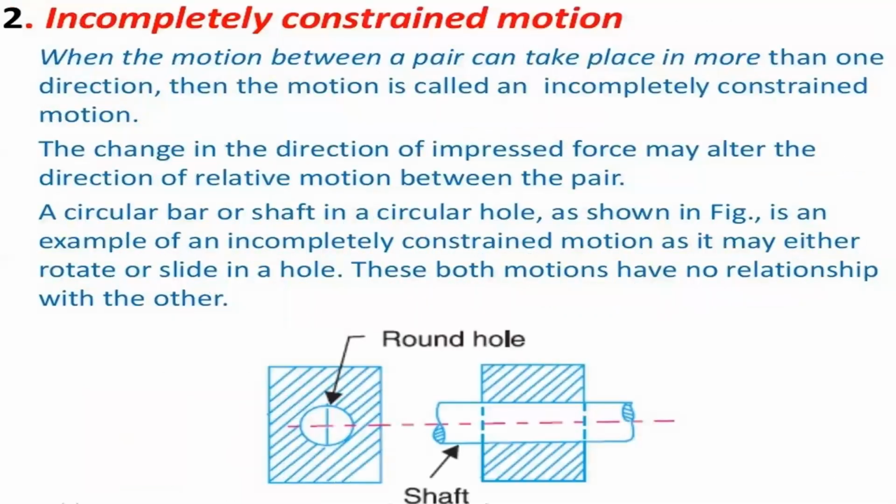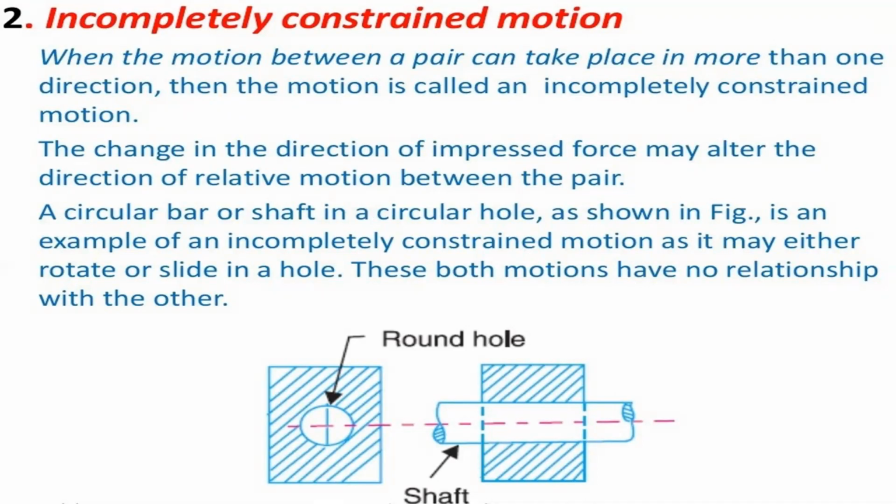Next one is the incompletely constrained motion. When the motion between a pair can take place in more than one direction, then the motion is called incompletely constrained motion. In the picture below you can see a round hole and a circular shaft, and the shaft can move in multiple directions.